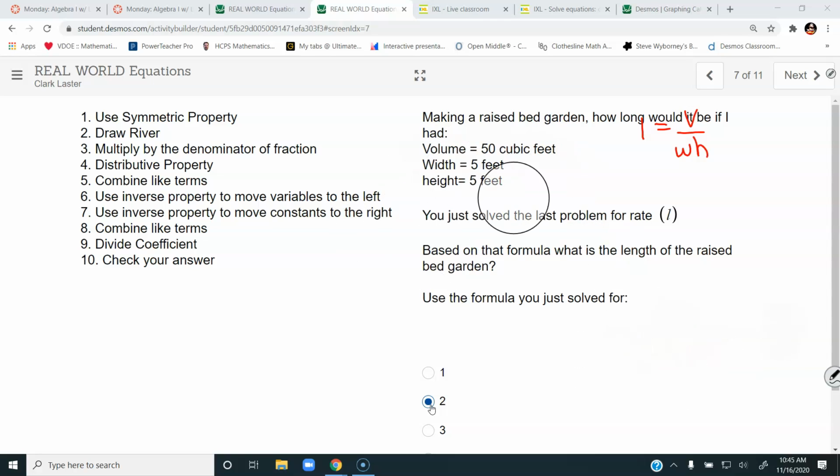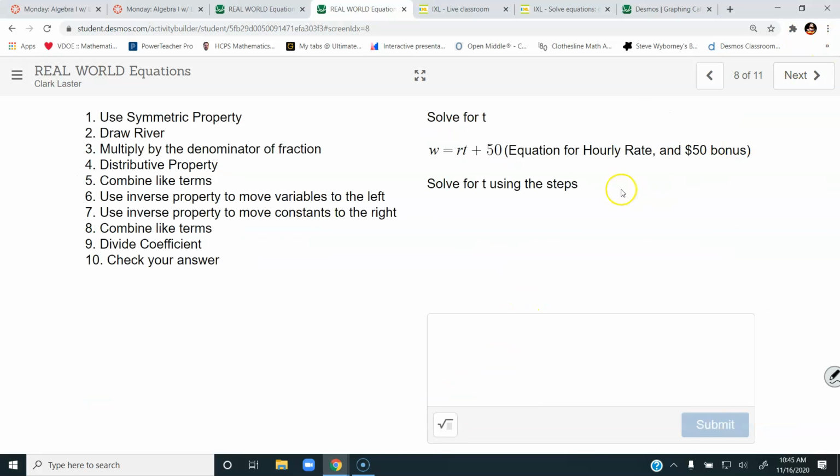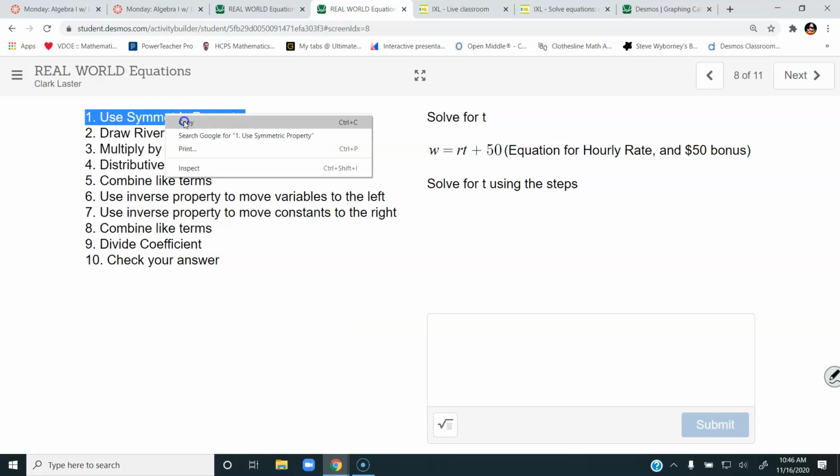Now, the next problem, number 8, we're solving for our rate if we get a bonus. So if I get a $50 bonus, my wage is my rate times my time. So again, we're going to solve for T. How much time does it take? Okay. So to solve for my rate, the first thing I'm going to do is the symmetric property.